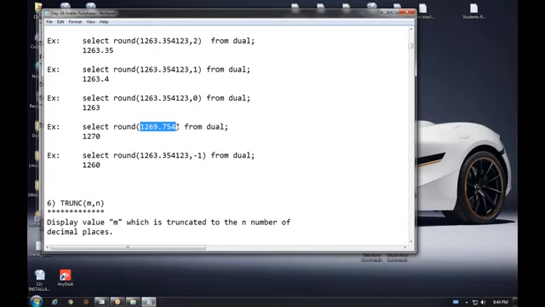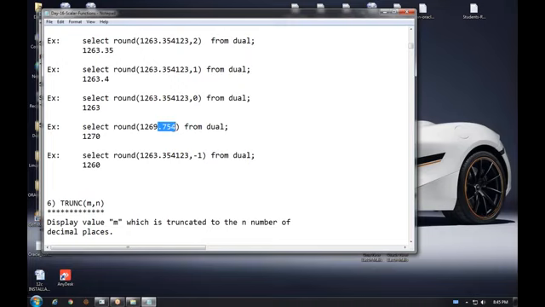You are not writing the n value. What will happen? If you don't specify the number of digits, then it is rounded with 0 digits, meaning it will completely eliminate the decimal part.